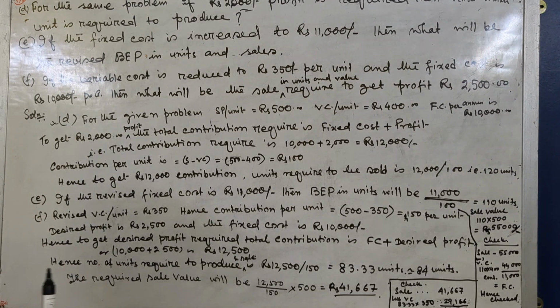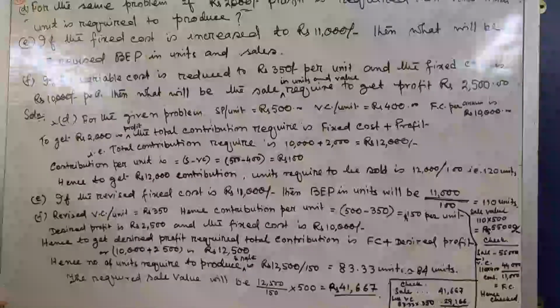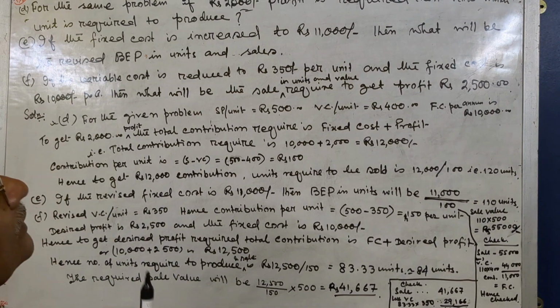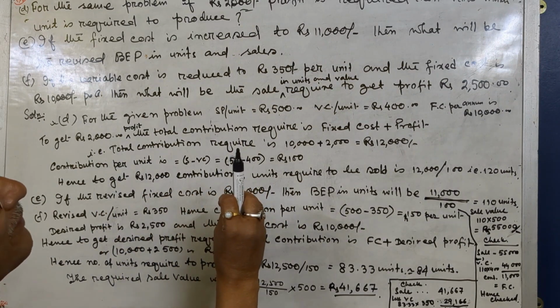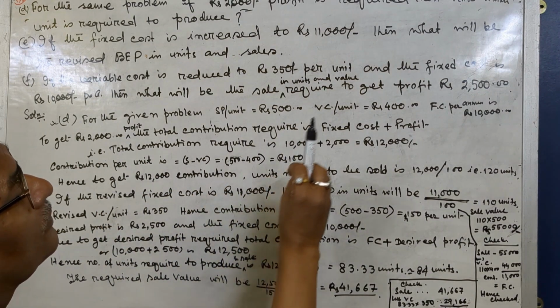Another thing: after the fixed cost is covered, whatever the contribution is, that is equivalent to profit. Again, I am repeating. You are selling the product, getting the revenue, and your variable cost is going out.